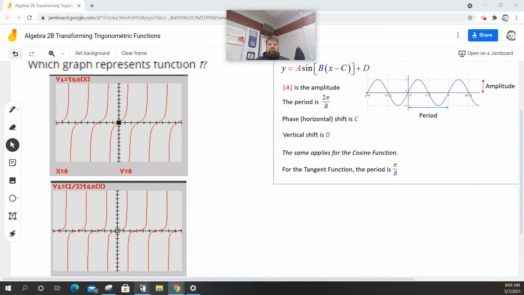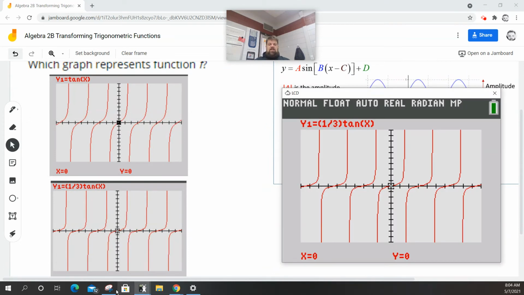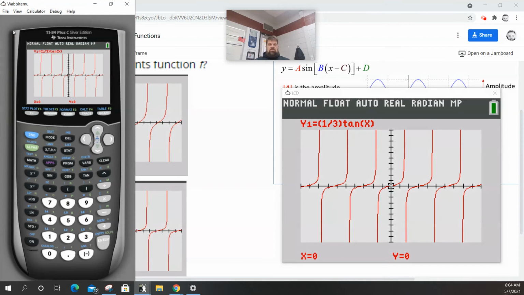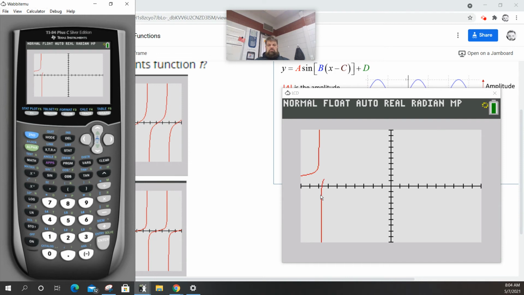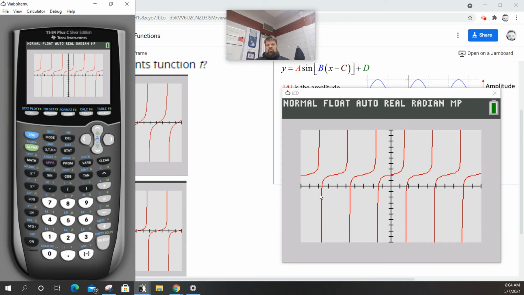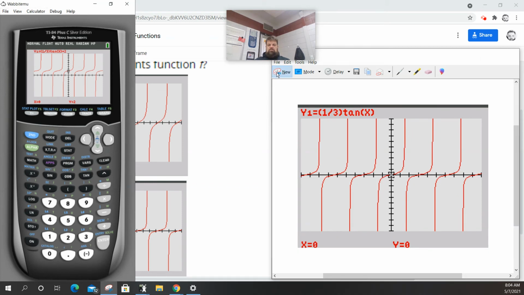And then lastly, we're going to tack on the plus 2. And all that's going to do is shift it up 2 units. And let's take a screenshot of that.